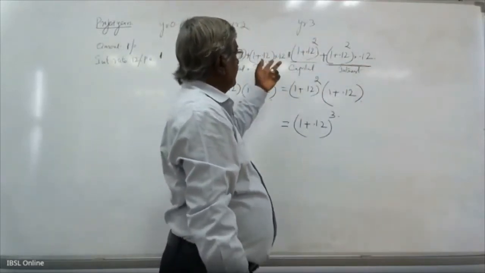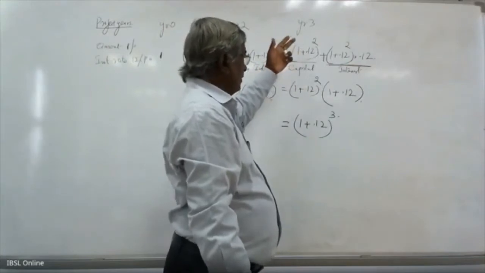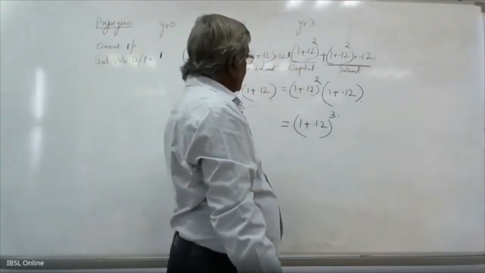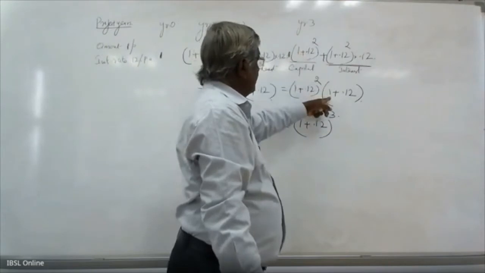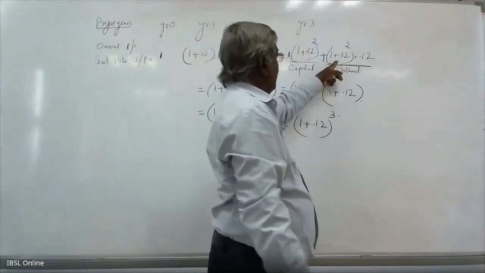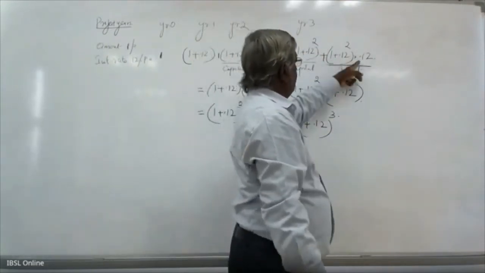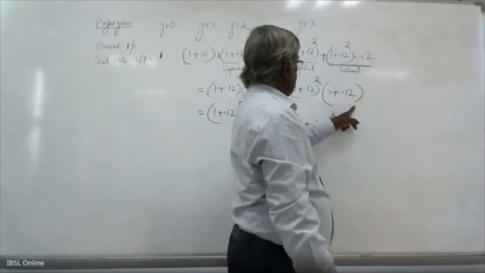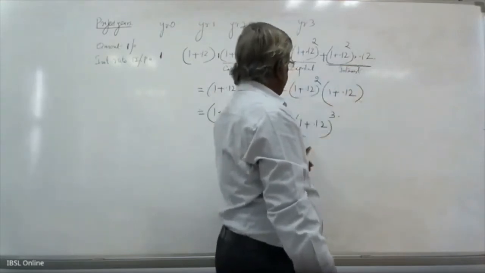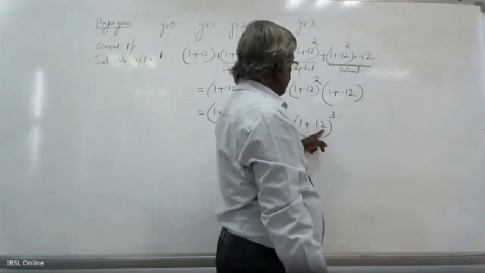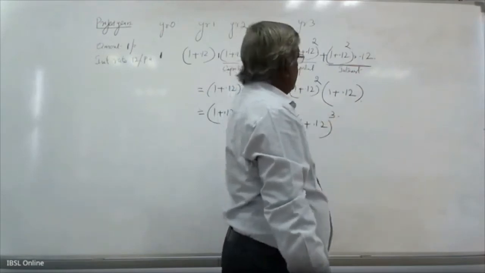Now the common factor is 1 plus 0.12 to the power 2. You are taking it out; here the 1 remains, and here 0.12 remains. So when you simplify further, it will be 1 plus 0.12 to the power 3.